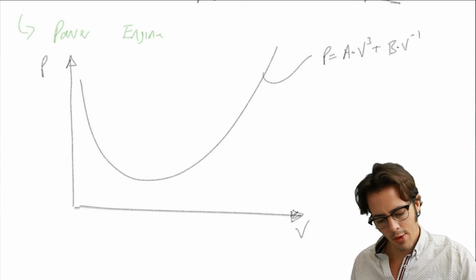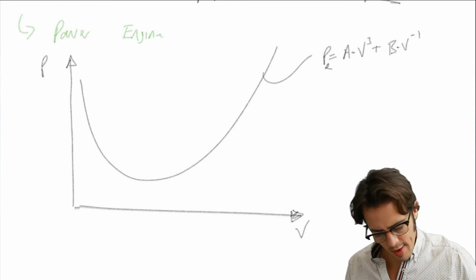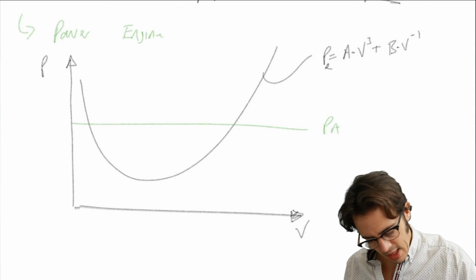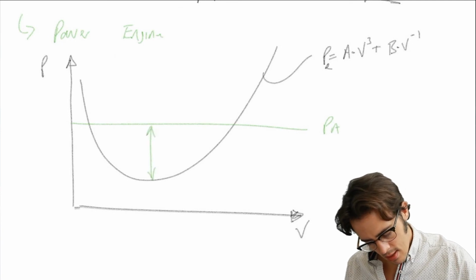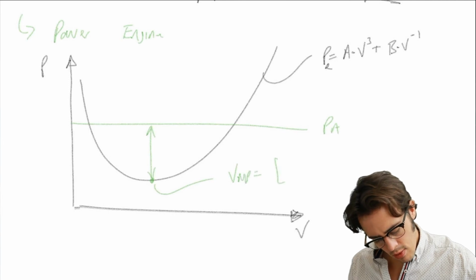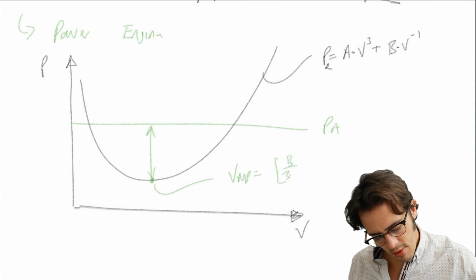So this is our power required curve. For a power engine, we would have constant power available. So the maximum value here of the difference is found at VMP, which we know is B on 3A.